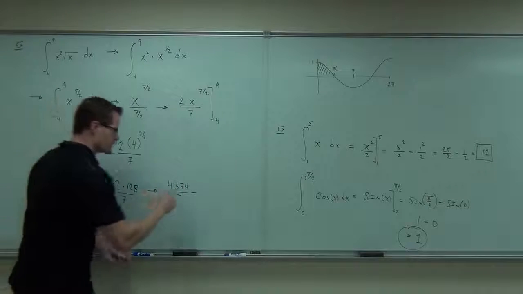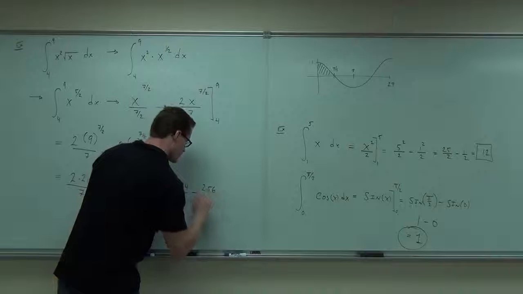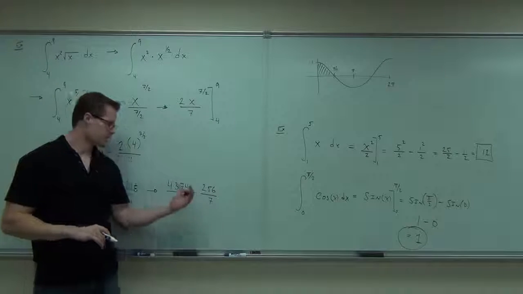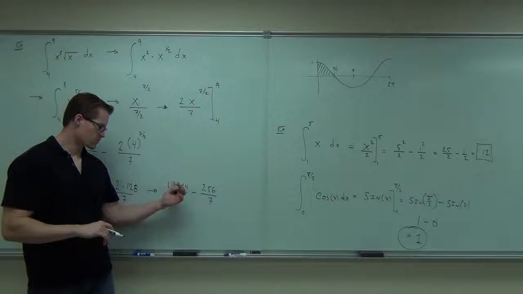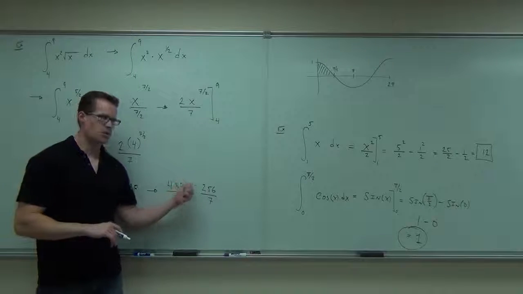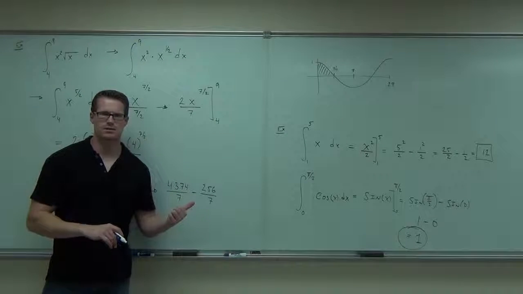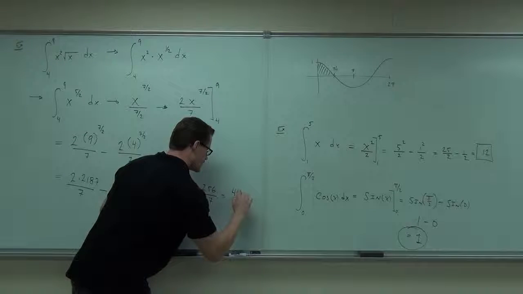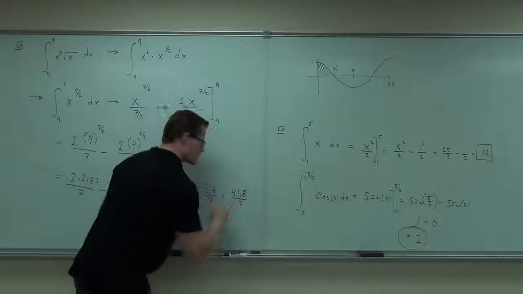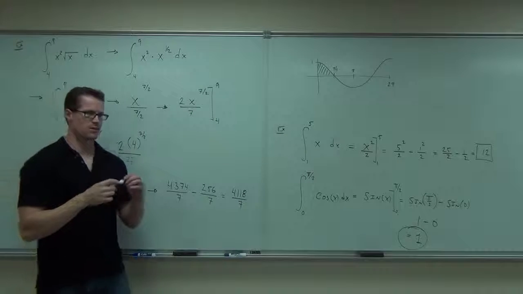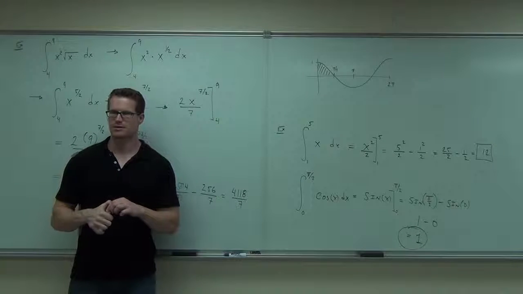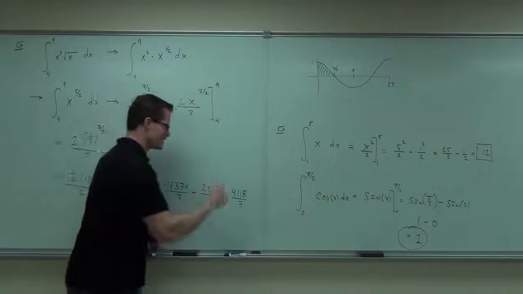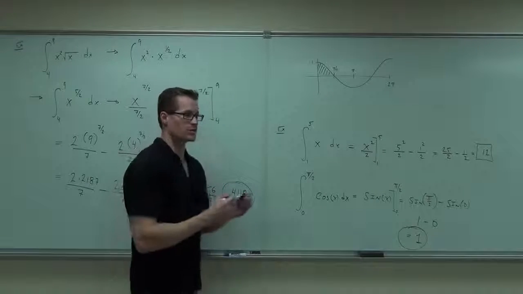This should be 256. Since we already have a common denominator, 4,374 minus 256 is 4118. Does that simplify at all? That's not divisible by 7? Then you leave it. You could do a decimal if you really wanted to.